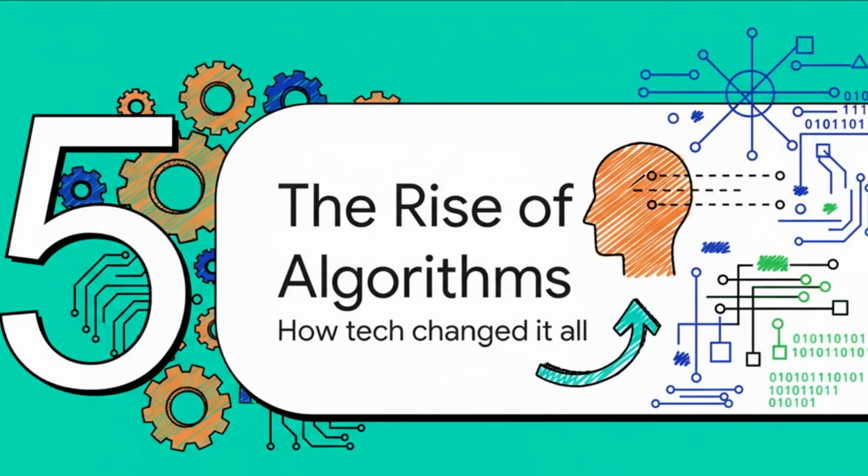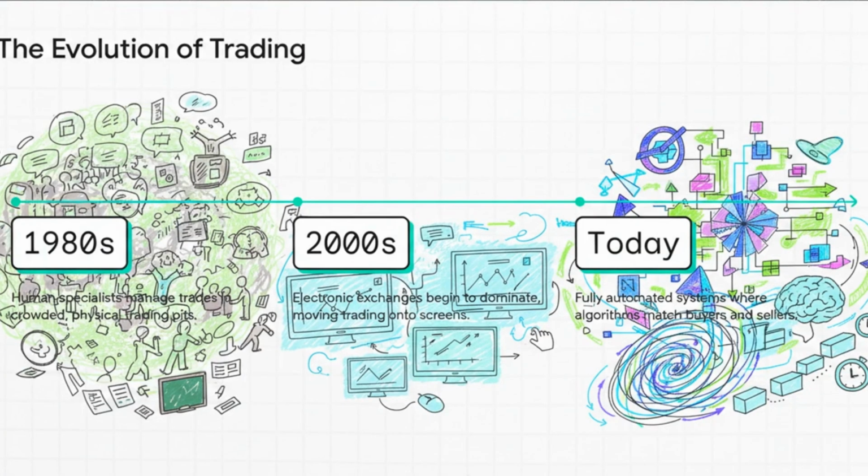Now we need to zoom out, because this entire process we've been describing has been totally and completely revolutionized. Over the last few decades, the human beings that used to be at the center of this whole thing, well, they've been systematically replaced by code. You know, it really wasn't that long ago that trading looked like a scene from a movie. People in colorful jackets, shouting, throwing paper around in a crowded pit. Then, in the 2000s, it all moved onto computer screens. But today, we're in a whole different universe.